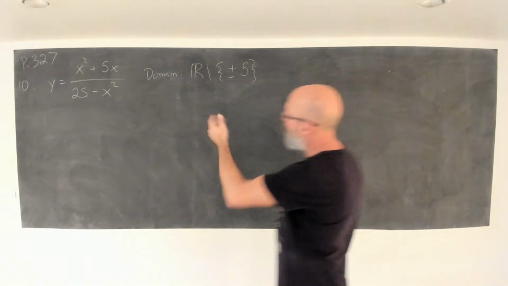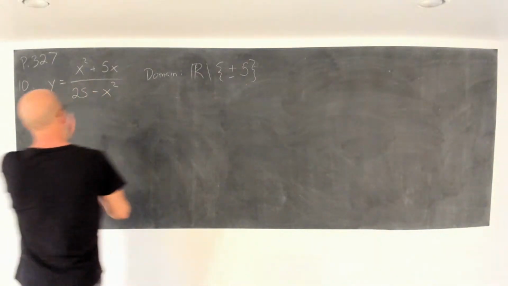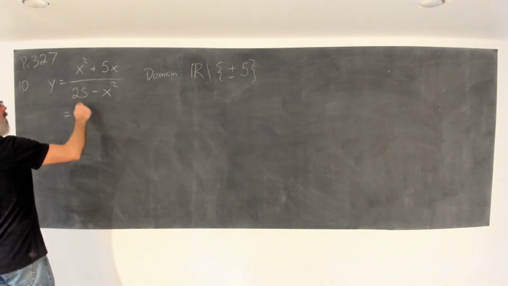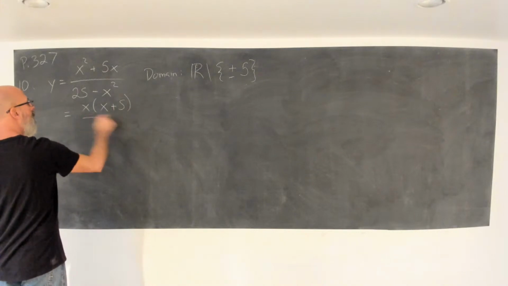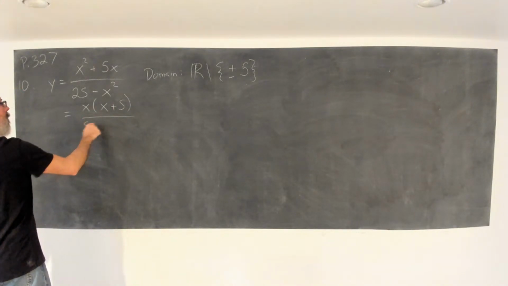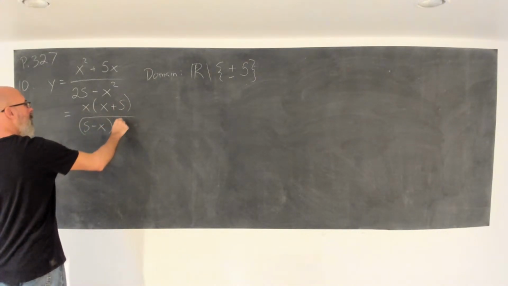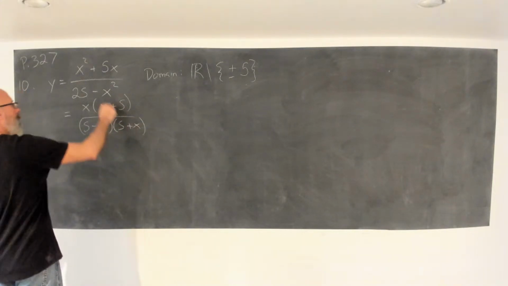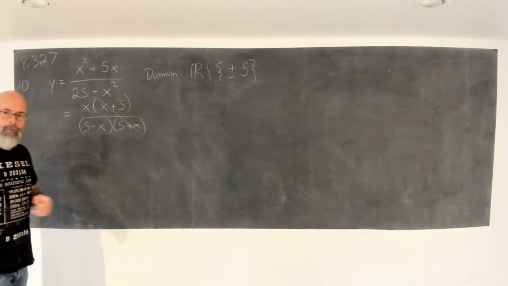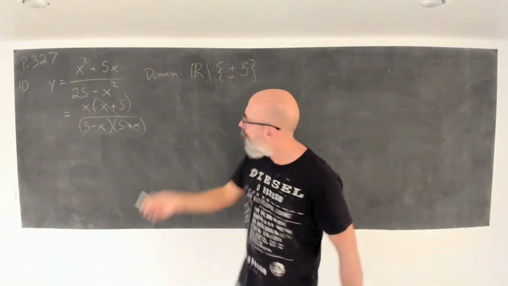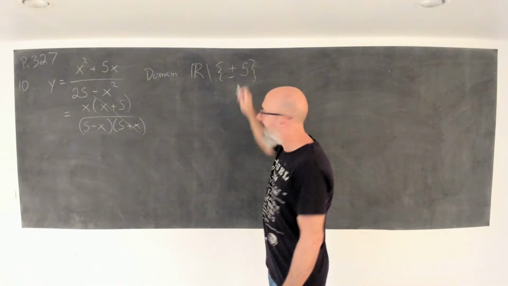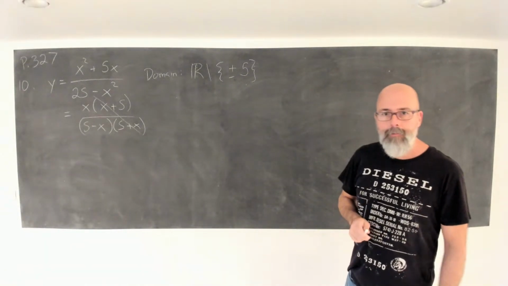But perhaps you're thinking to yourself, well, I can simplify that by factoring out an x. And then these just cancel out. Indeed, they do cancel out as long as x is not negative 5.